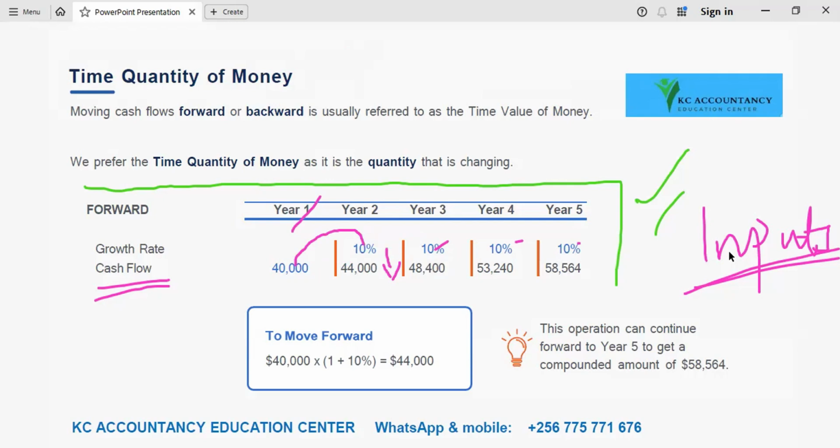You can see that we have a 10% growth rate year over year, in year 2, year 3, year 4 and year 5, applied to this 40,000 US dollars.